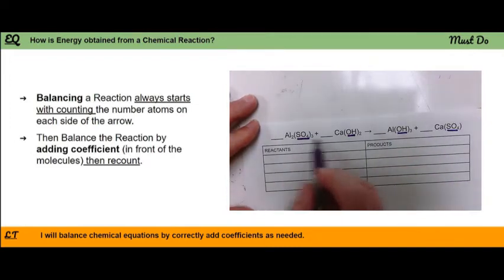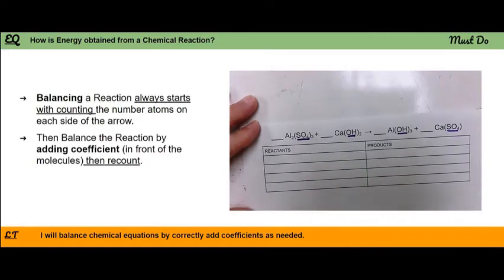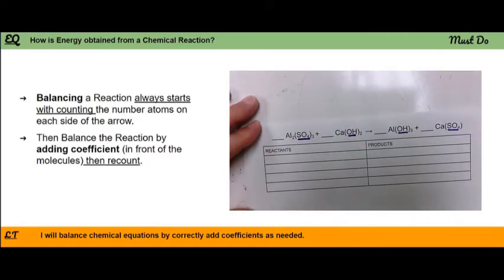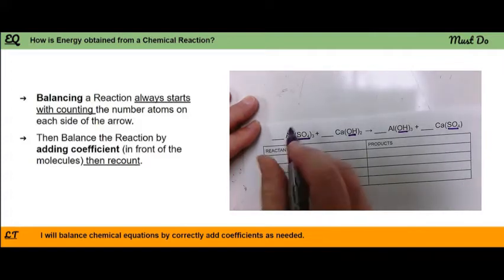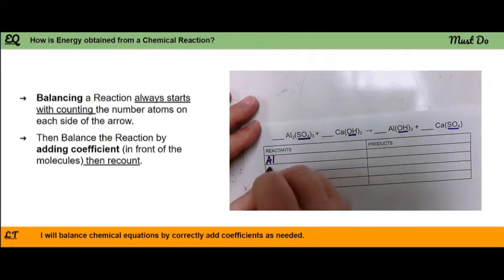So we can treat those as a single particle. So over here, when we do our counting, we're going to have aluminum, and then we're going to have sulfate. So we're actually going to group those together, and then we're going to have calcium, and then we're going to have hydroxide. So I'm grouping those together. And if it helps, you can always put the parentheses around them.